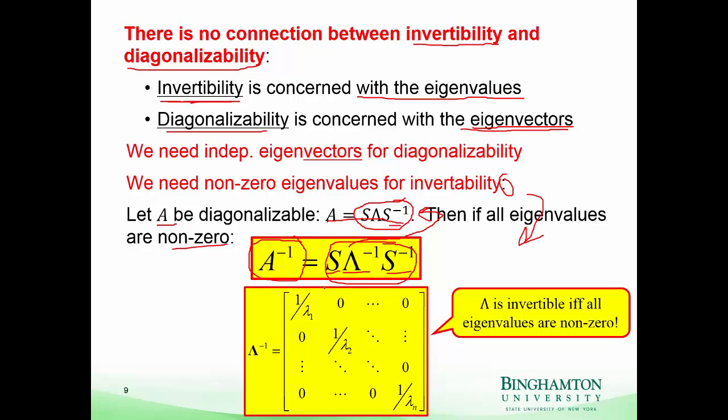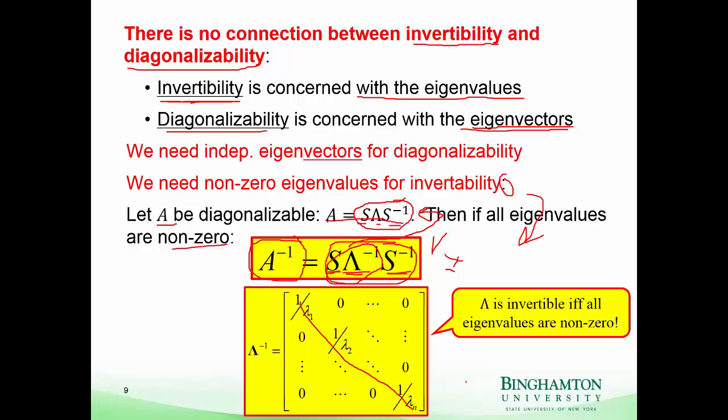You have the S inverse times the S, which undo each other. You've got the lambda times the lambda inverse, which undo each other. You've got the S times the S inverse, which undo each other, and you're left with the identity matrix. So A times this A inverse does give us the identity matrix. But what is that lambda inverse? Well, since lambda is diagonal, we know the inverse of a diagonal matrix is also diagonal with the reciprocals down the diagonal.